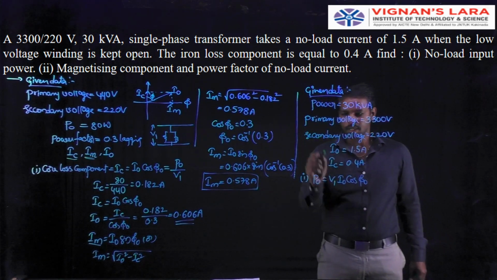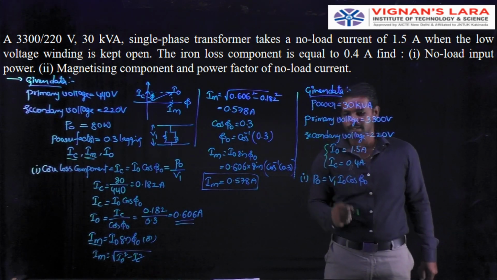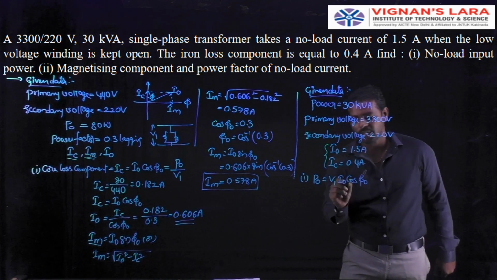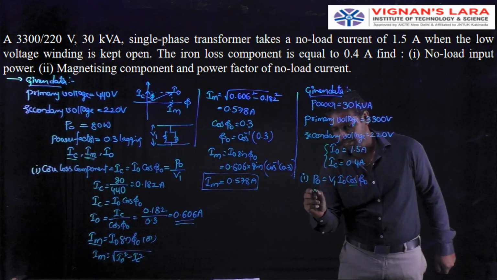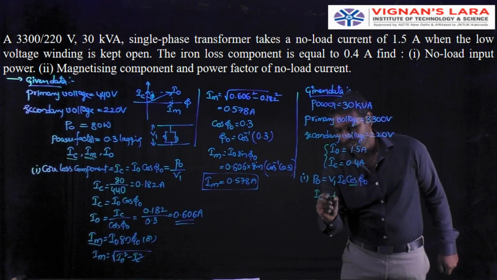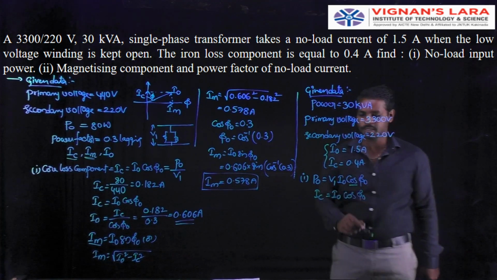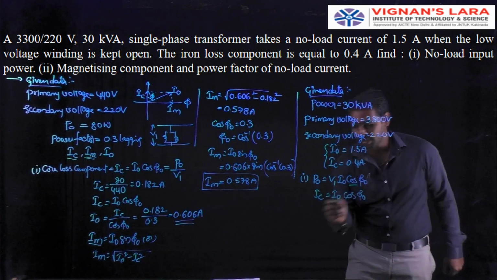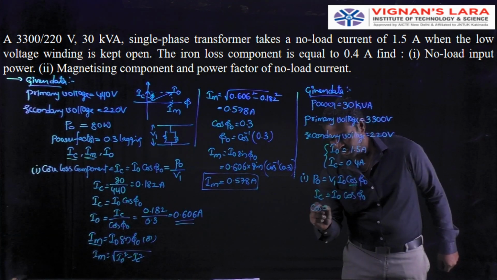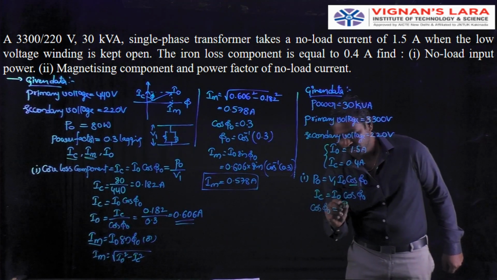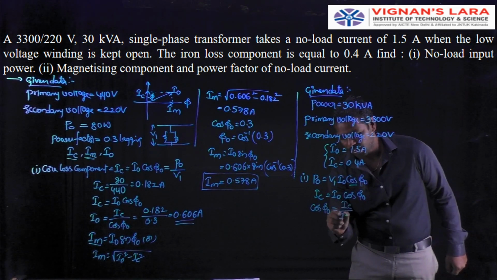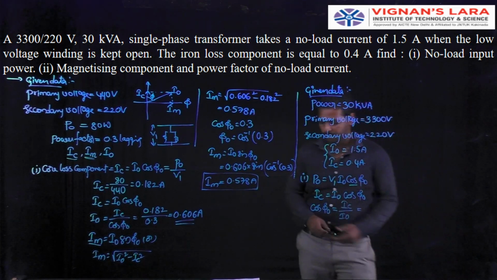So by using these two expressions, we can easily find out the cos phi naught. That means IC is equal to I naught into cos phi naught. So cos phi naught is equal to IC divided by I naught.